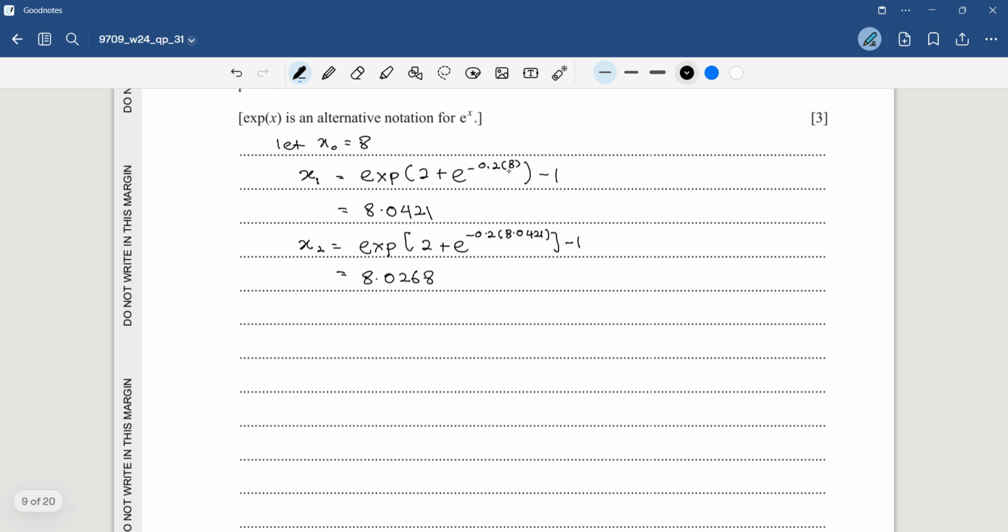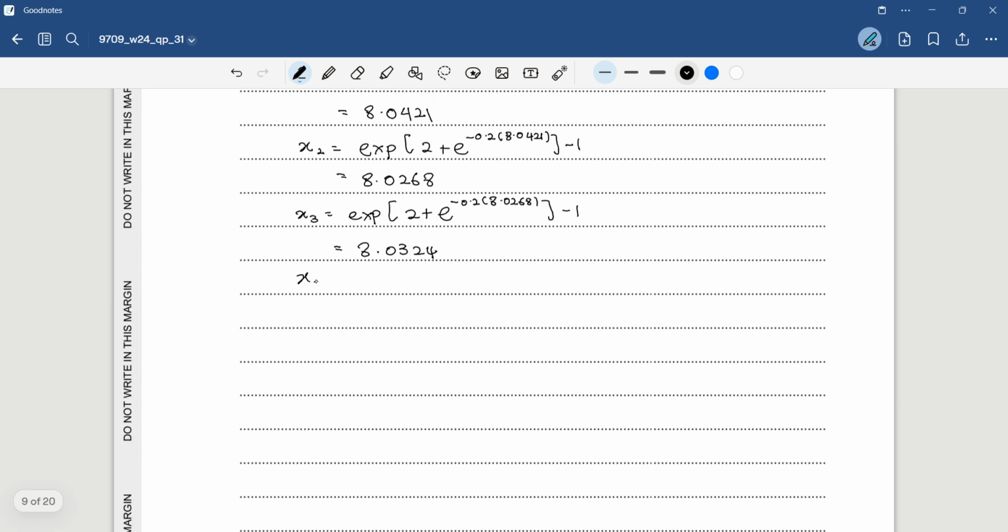Make sure that you show at least 2 iterations. The first one is the value that you choose and the second is the value that you substitute. Normally, to be safe, I just use at least 3. So exp of 2 plus e to the negative 0.2 times 8.0268, minus 1, then I will get 8.0324.